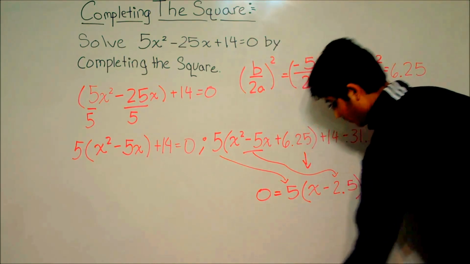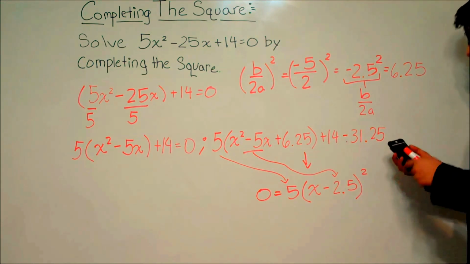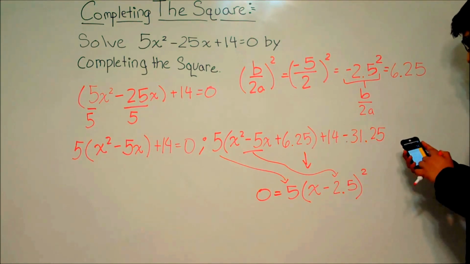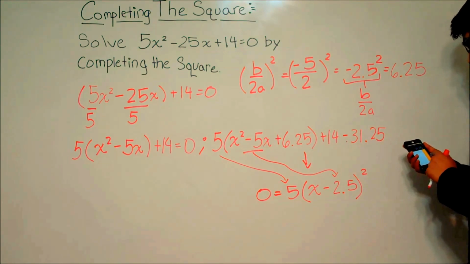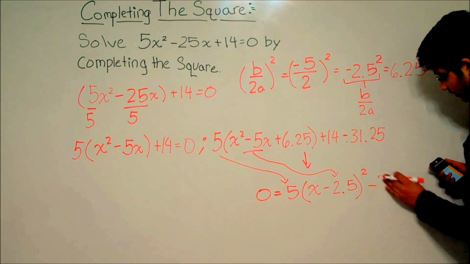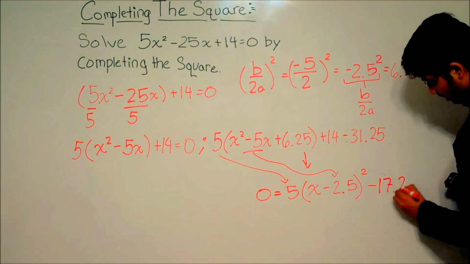And then now we have to bring down this last part of the equation here. 14 minus 31.25 is negative 17.25, or just minus 17.25.